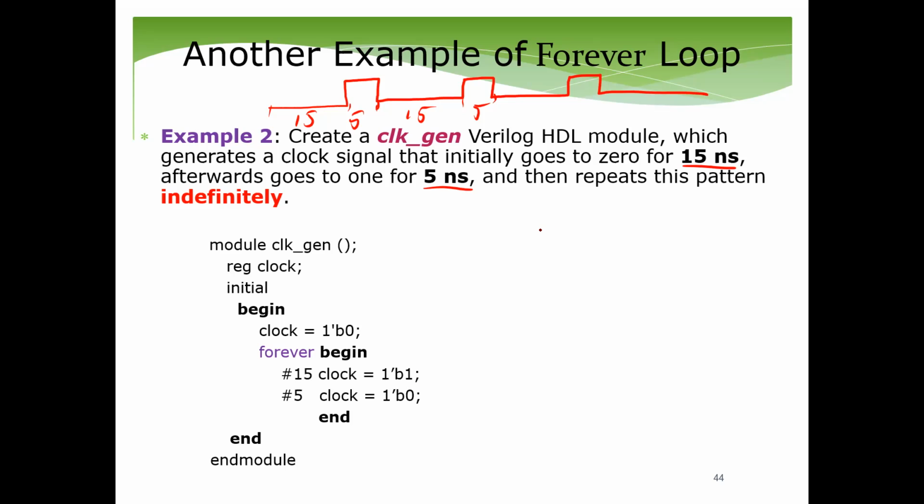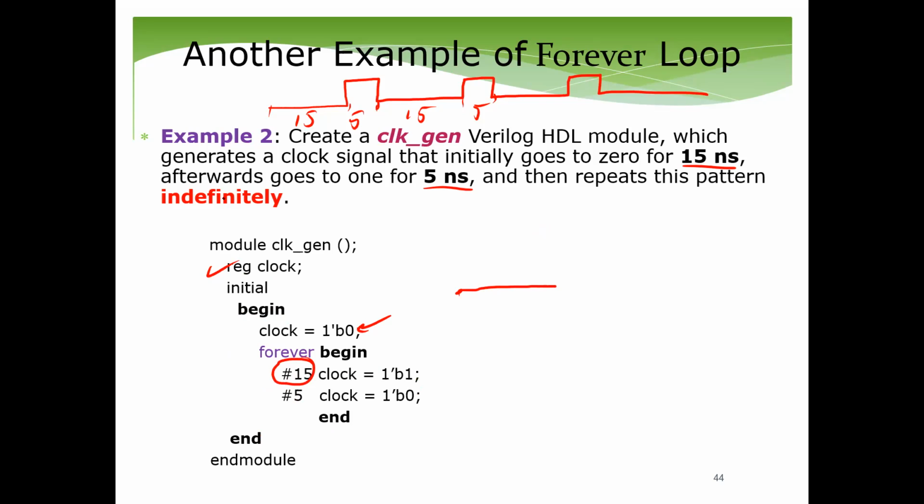We can still use a forever loop for that. Define your clock as a reg, and then inside your initial begin end statement, you can start with clock equals 0, and then delay by 15 time units.